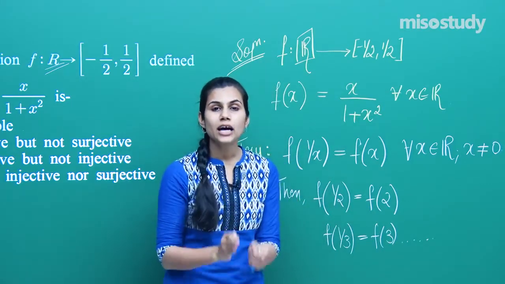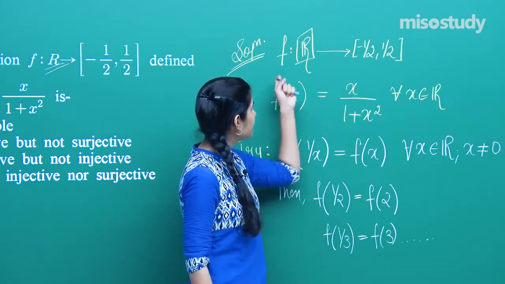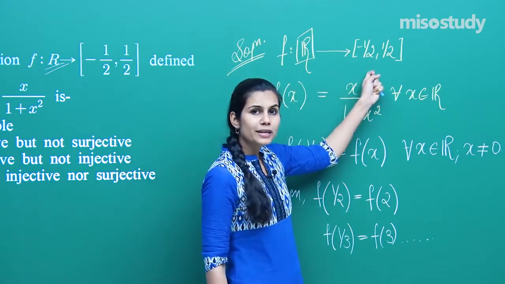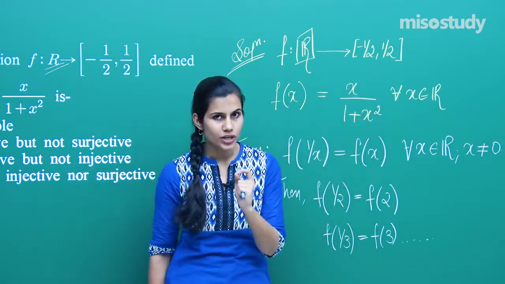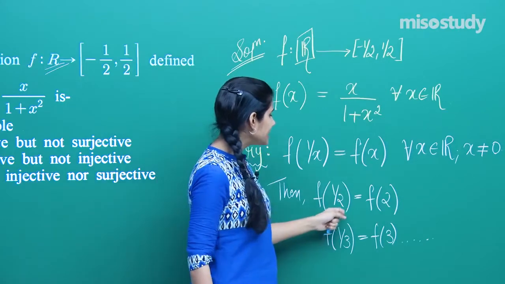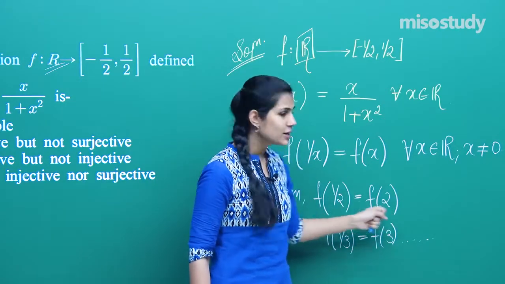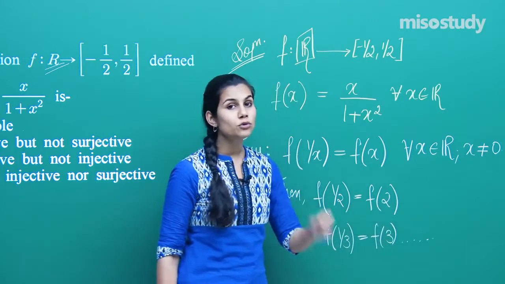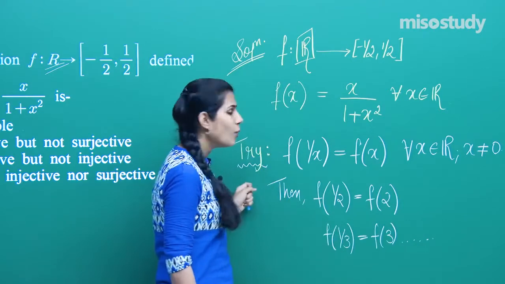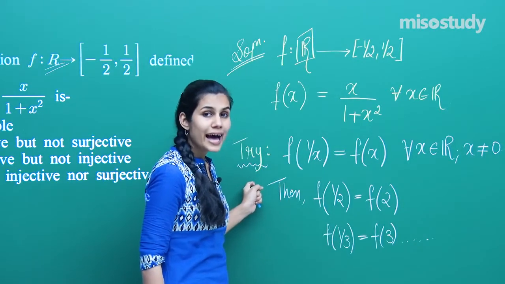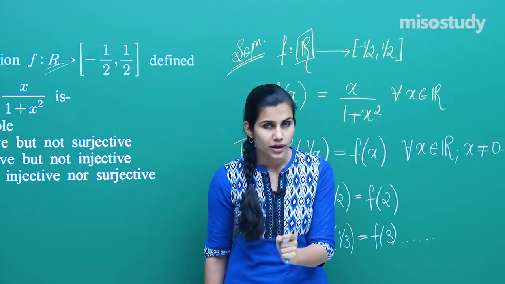And this would be enough to conclude that f defined from R to [-1/2, 1/2] with this rule is not following injectivity, because distinct members, 1 by 2 and 2, are distinct. Distinct members of the domain are going to the same member of the codomain. And this is one method to say and declare that the function is not one-one.